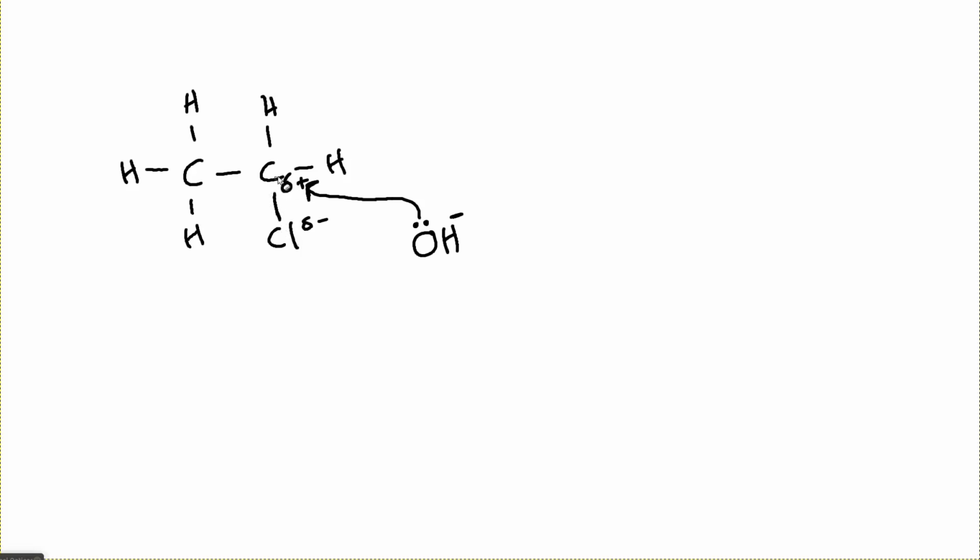At the same time, because of course carbon can only form 4 bonds, the carbon-chlorine bond can break. Now the actual reaction mechanism is a little bit more complicated than this, but really this is all we need to know. And what will happen here is we will start to form a bond here to OH. We break the carbon-chlorine bond, so we obviously will get the alcohol.